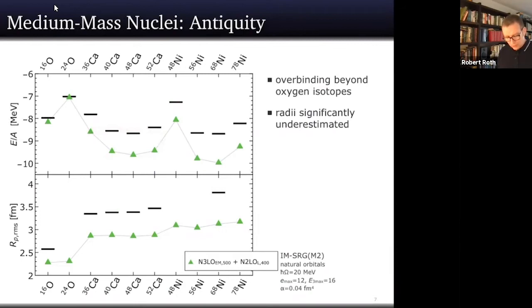And here I show for the first time also the radii for these medium mass isotopes. You see, even in the oxygen isotopes, you predict point proton RMS radii, or charge radii if you like, that are smaller than experiment. And this difference is already quite significant.